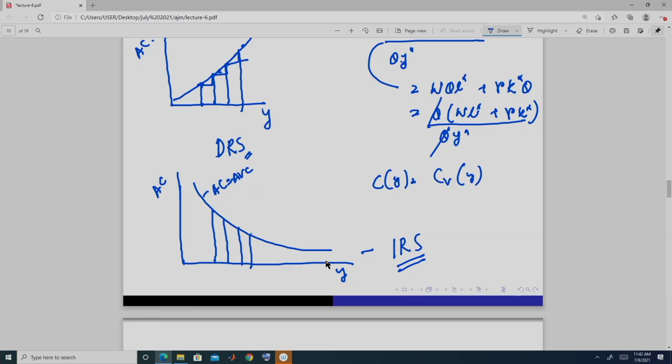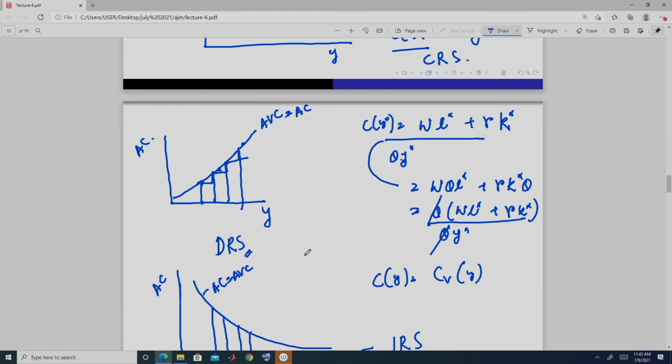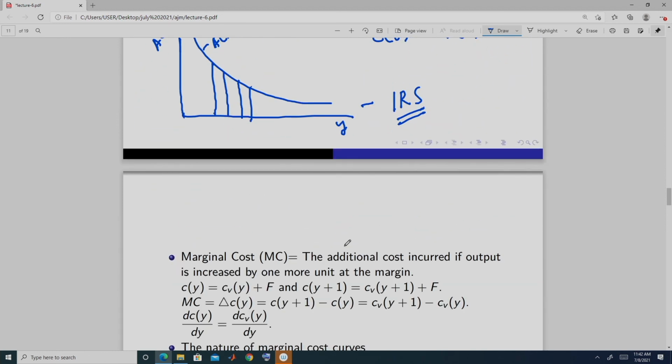We can get theta times of output with less than theta times of labor and capital. So, that is why the cost is going down. Because we are getting increasing returns to scale, our average cost is going down. So, we get a situation like this when we have increasing returns to scale. These are the different forms of the average cost curve, average variable cost and average fixed cost.